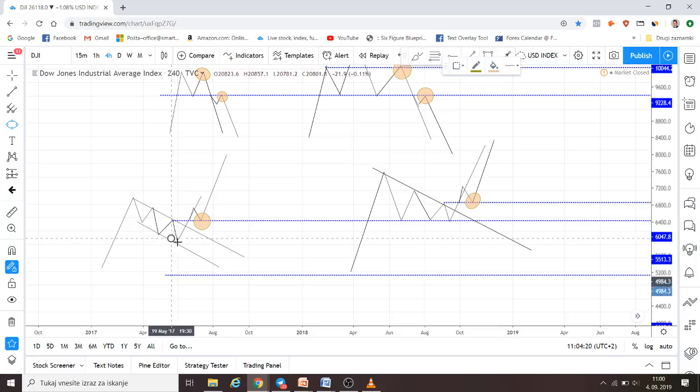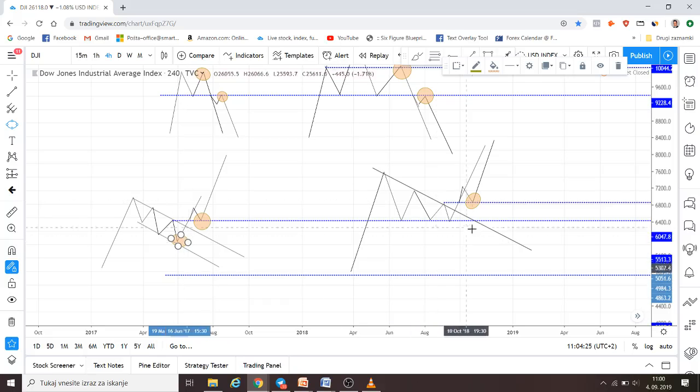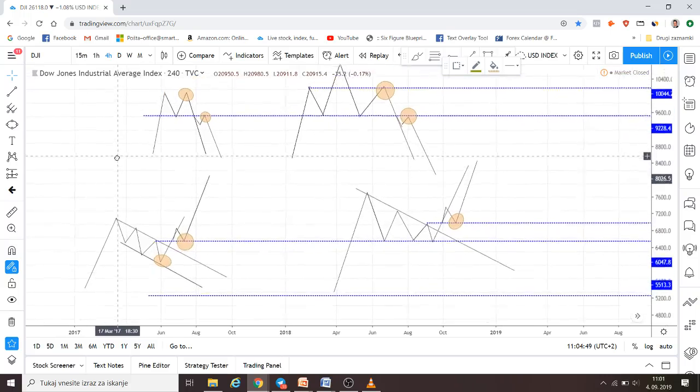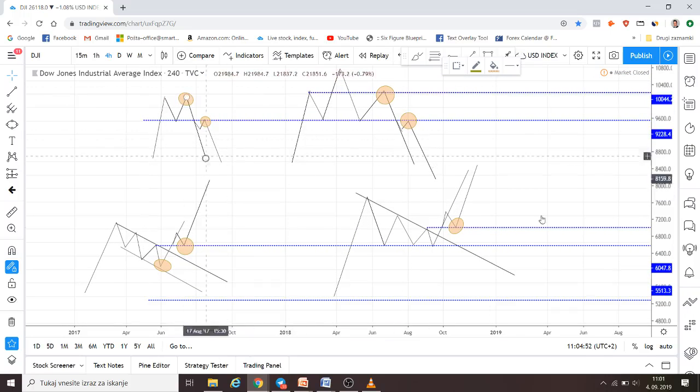Our entry should be here. I would say don't look for trades around here if you are a beginner. Here is a different situation because we have a strong level, so it's a higher chance of bouncing off of that level. It's safer to enter here.